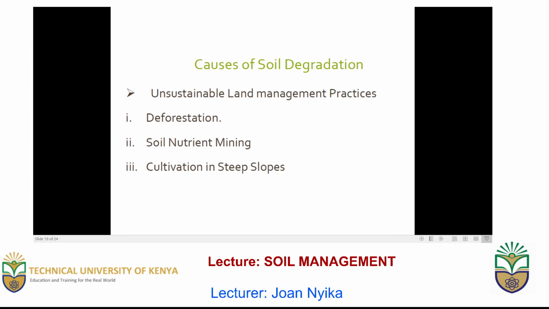There are also unsustainable land management practices, just as we saw in the case of land degradation. Aspects such as soil nutrient mining, that is, the overuse of soils without fertilizing them, deforestation, the cutting down of trees, which in this case we are referring to as carbon sinks and the sources that bring us rain, and the cultivation of steep slopes.